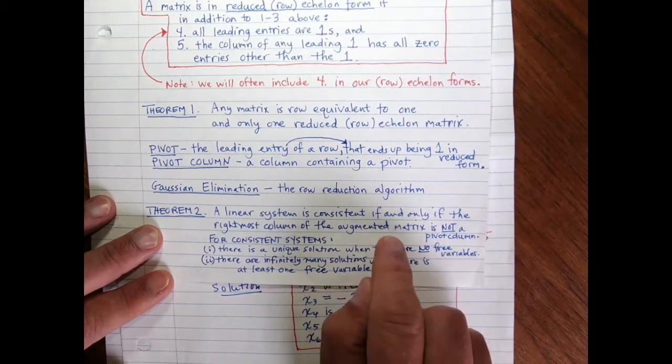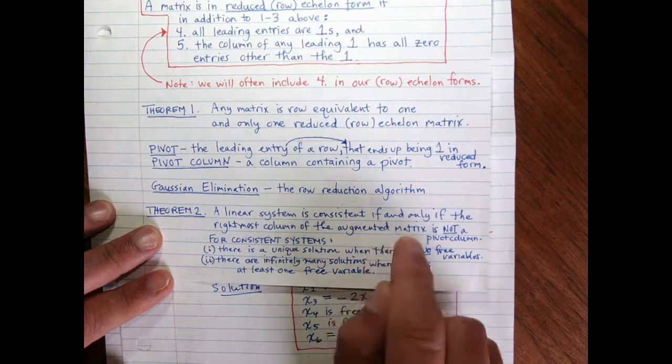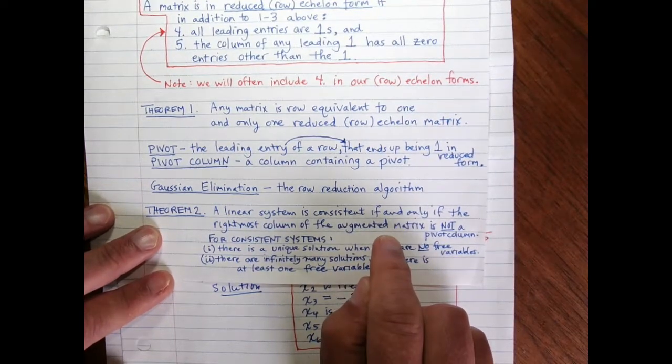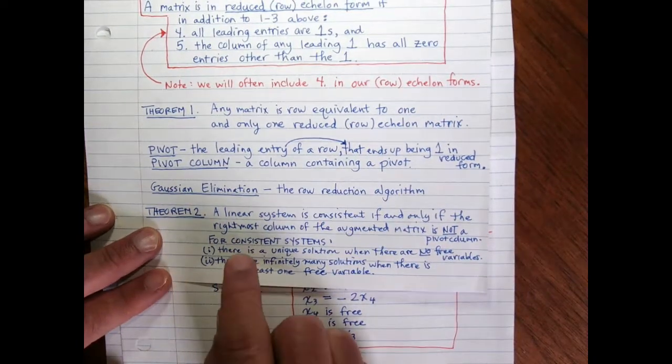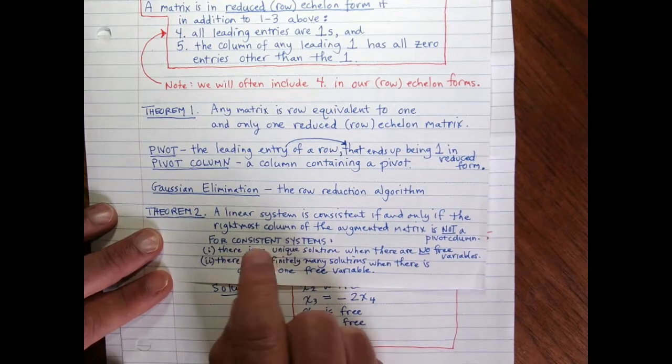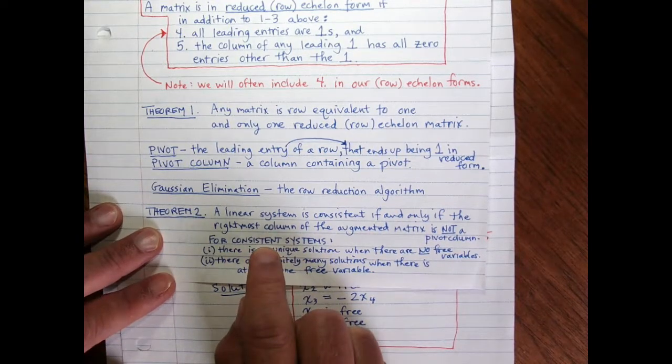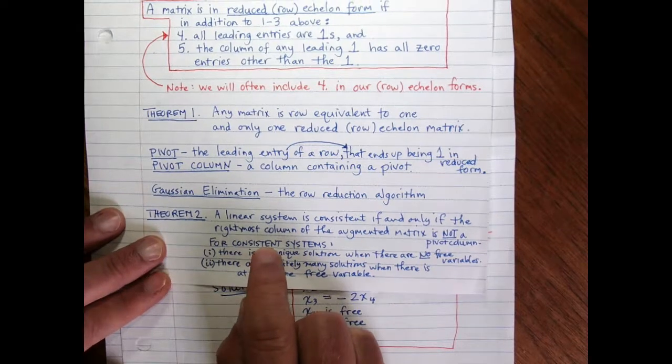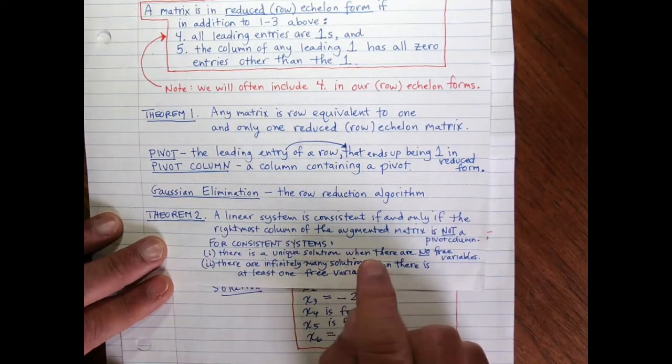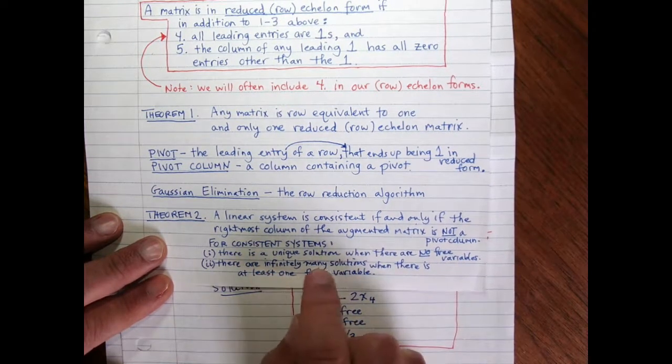It also tells us something about when there are solutions or when there are not solutions. For consistent systems, now that's when there is a solution, there are two possibilities, right? There could be a unique solution, or there could be infinitely many solutions.